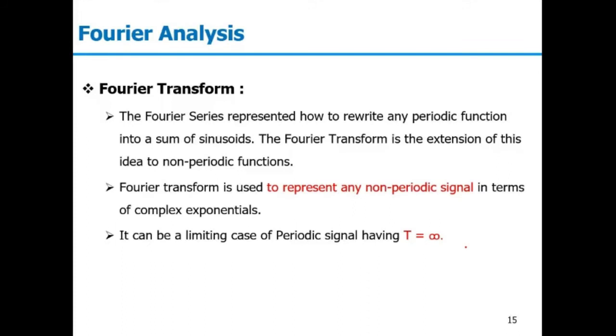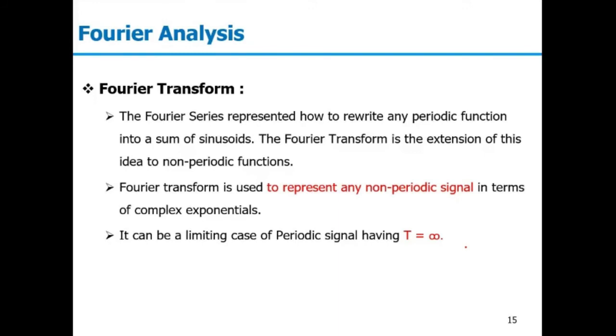We considered a periodic signal where T has some value. Now suppose for that function T extends to infinity. If my time period is infinite, then that function is nothing but my non-periodic signal. Because what we have studied while talking about periodic and non-periodic signals, we said the non-periodic signals are ones which have a time period equal to infinity. So it is a limiting case of our periodic signal.